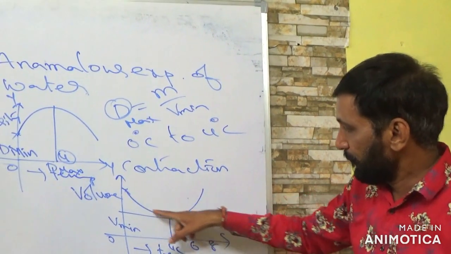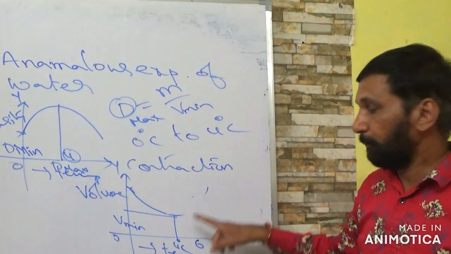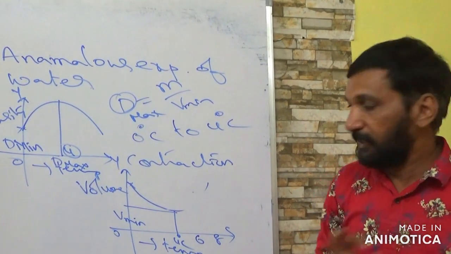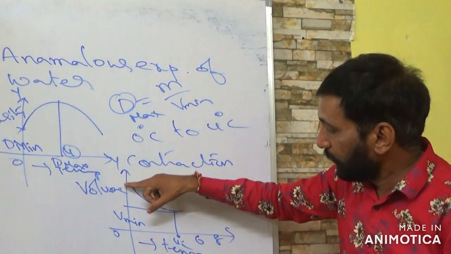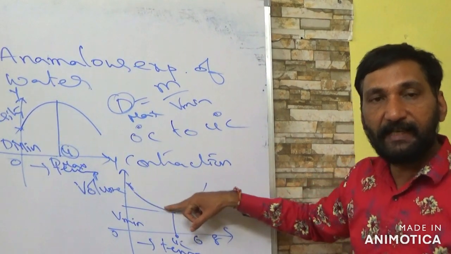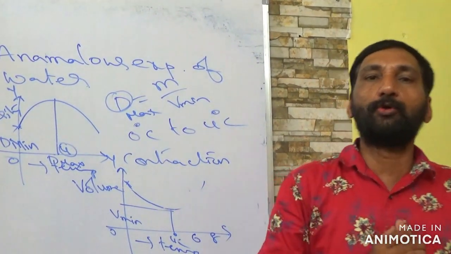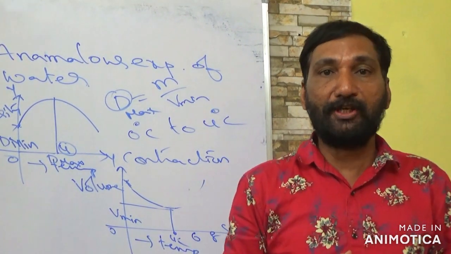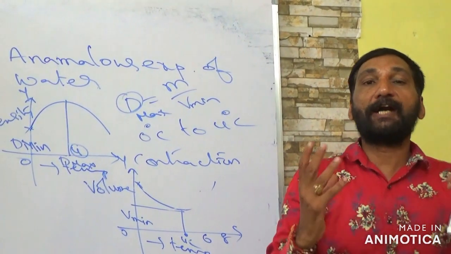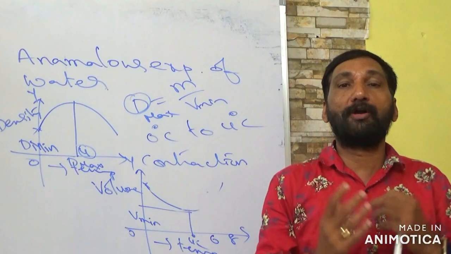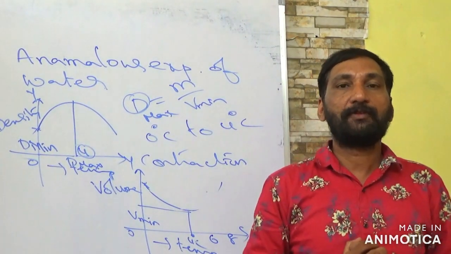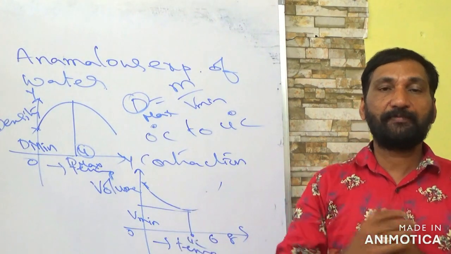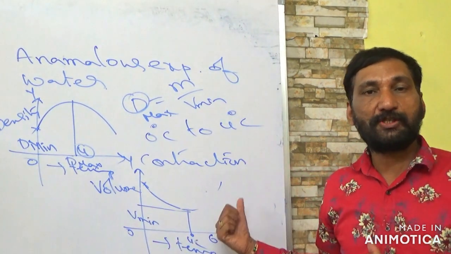This is the behavior of water between 0 to 4: as you increase the temperature, the volume of water decreases. Mainly this is due to more hydrogen bond formation in water, so that is why it behaves in this way.